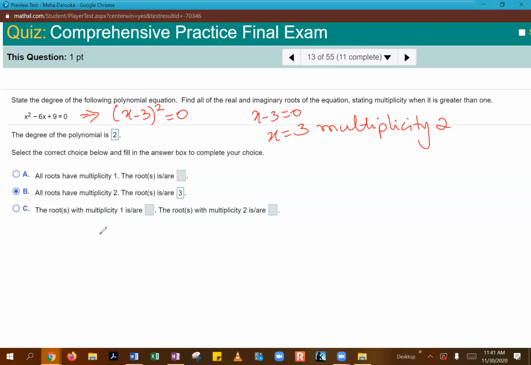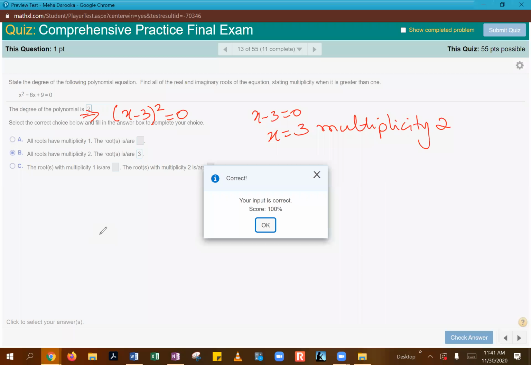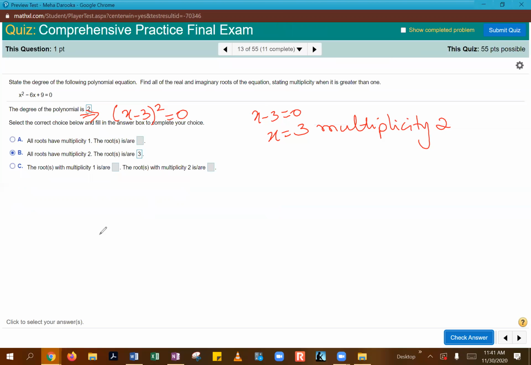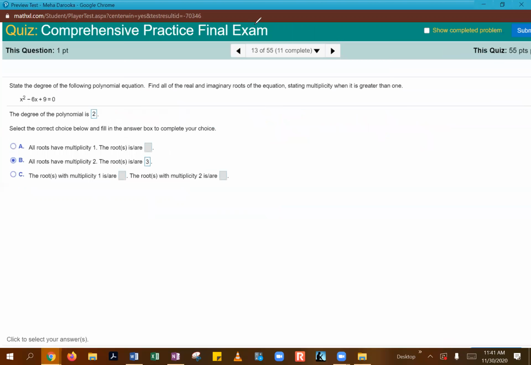So you're just putting the root is 3 and it has a multiplicity of 2. Okay, and that's all they want to know. So again, remember this was coming from chapter 3 where we talked about these multiplicities and roots.